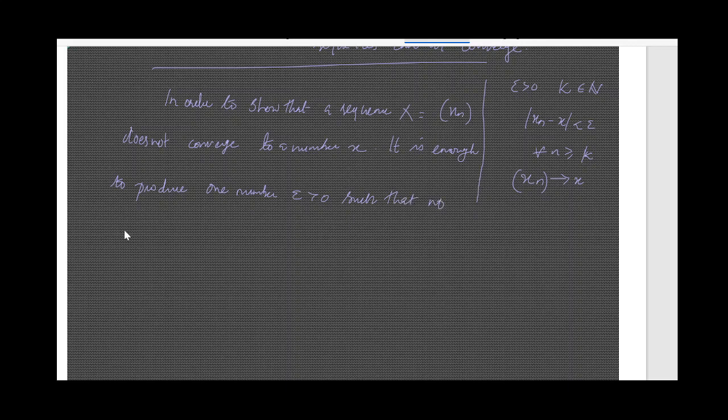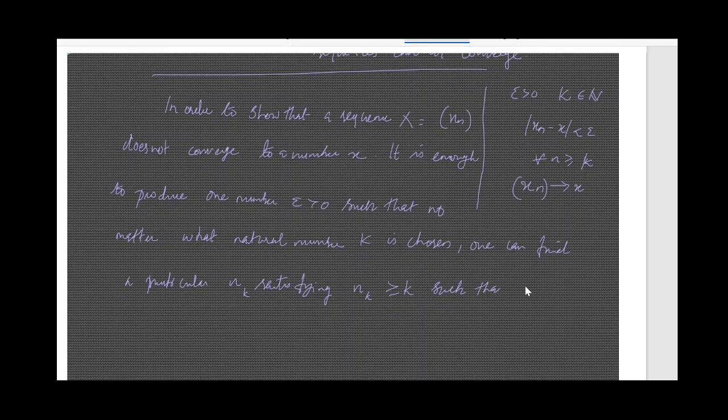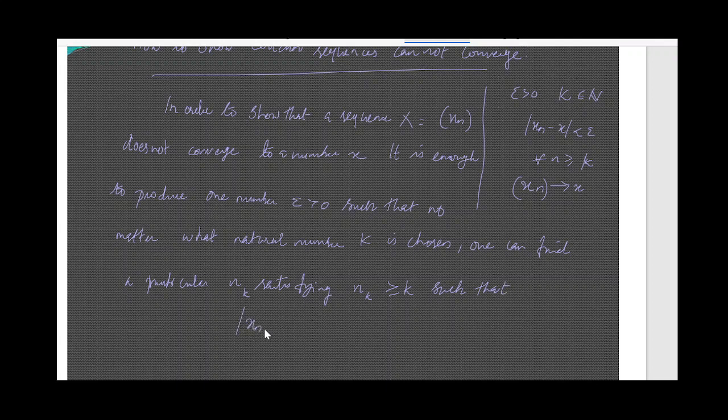no matter what natural number k is chosen, one can find a particular nk satisfying this nk greater than or equal to k such that modulus of x nk minus x is greater than or equal to this epsilon.